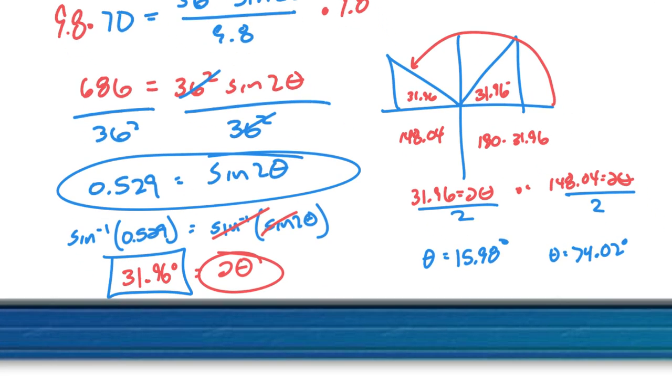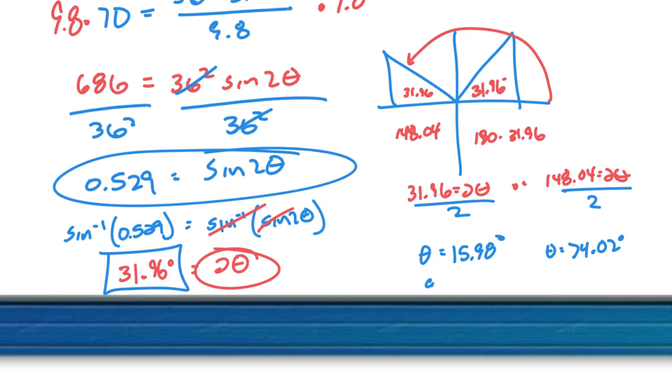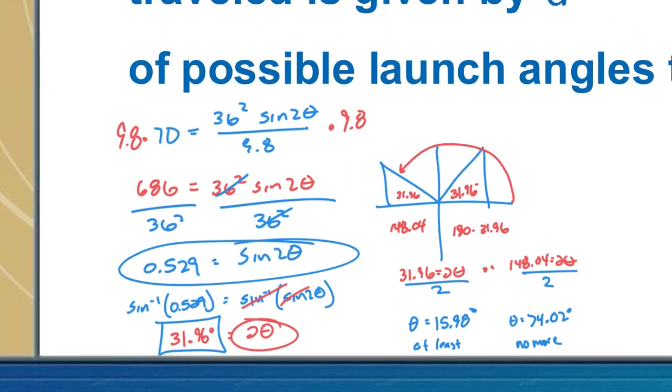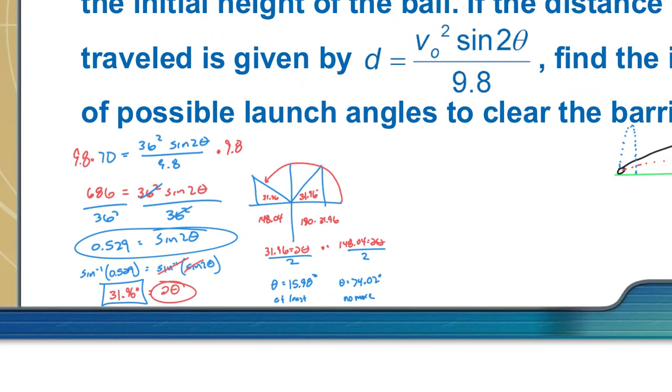So that means I need to be at least 15.98 degrees, but no more than 74.02 degrees. So we want to hit the ball at an angle between 15.98 degrees and 74.02 degrees.